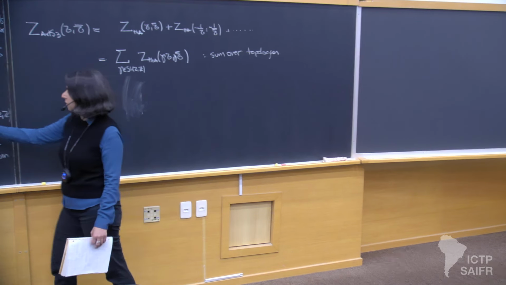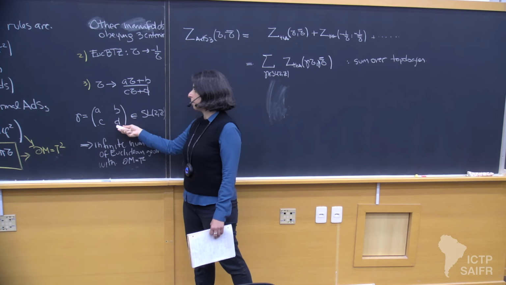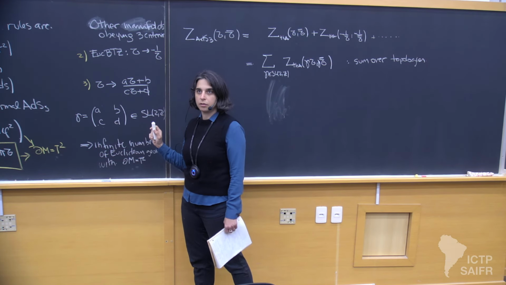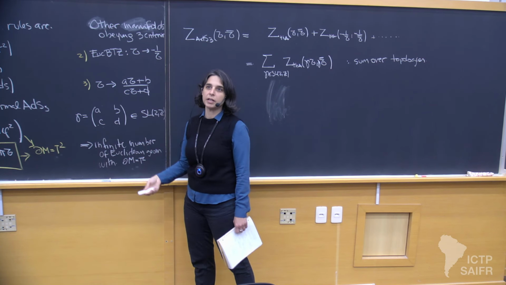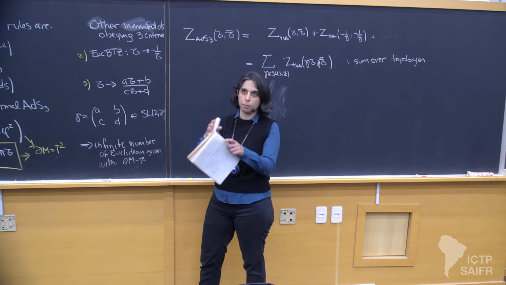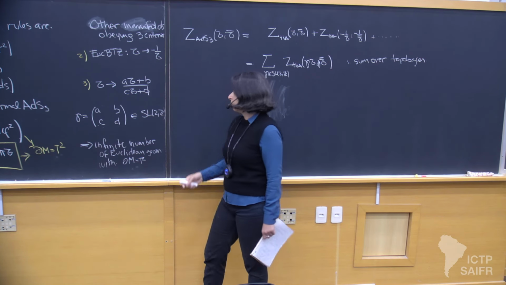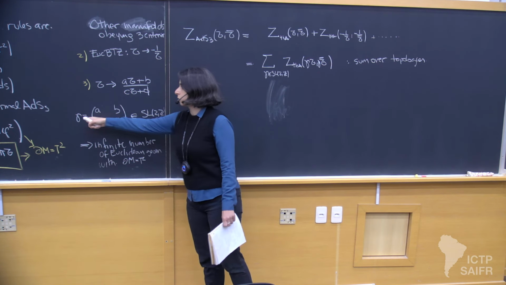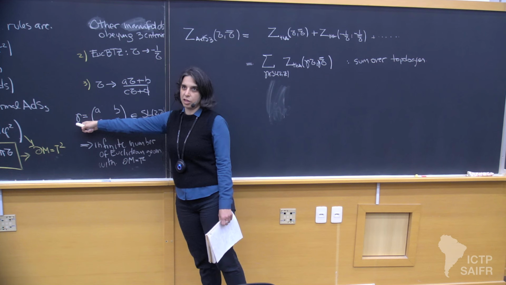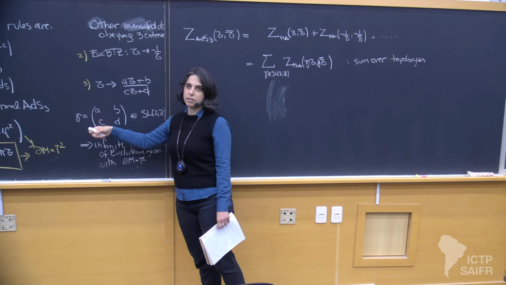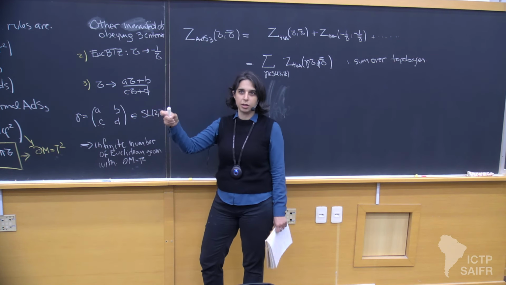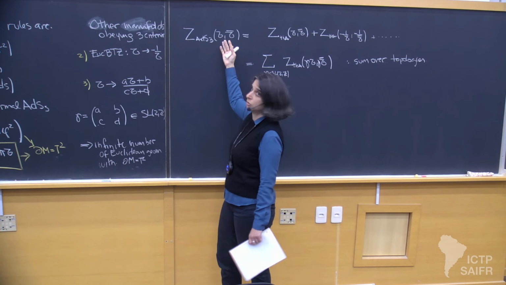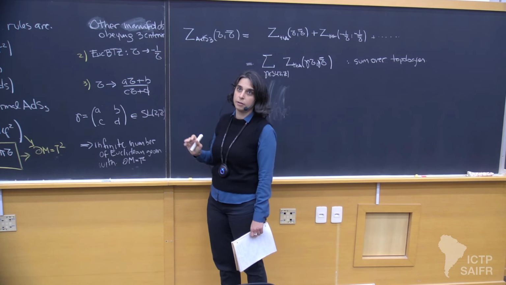I just have to specify what exactly the ranges of A, B, C, and D are that I'm going to be summing over. But the sum is over the elements of SL2 set. If you're familiar with string theory, you would integrate over the complex structure. That's not what I'm doing, because the path integral is a function of the complex structure.